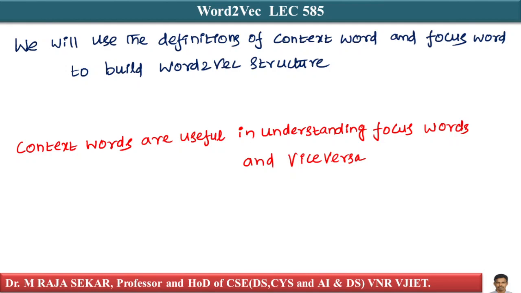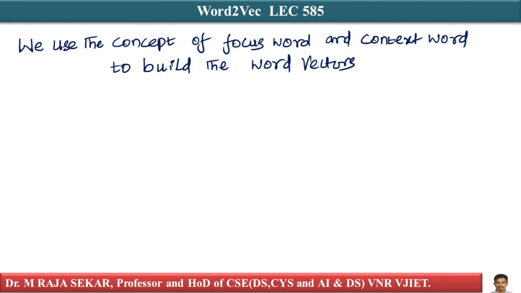If you know the context in which a word is used, you can say a lot of things about the word itself, and vice versa. If you know the focus word, you can say what the context words could have been. We will use the concept of focus word and context word to build the word vectors.